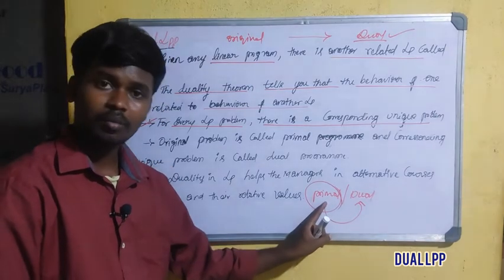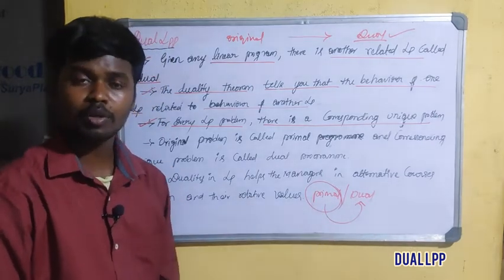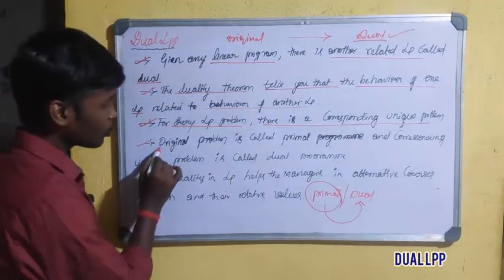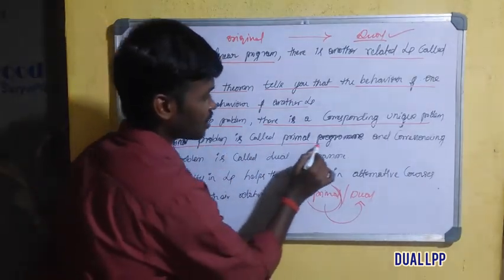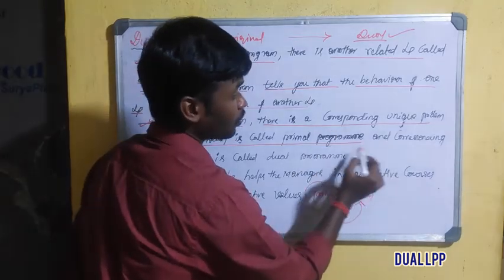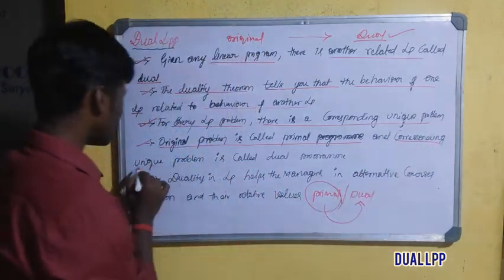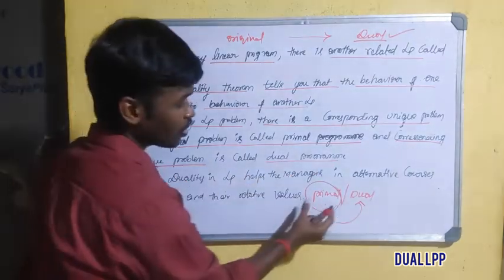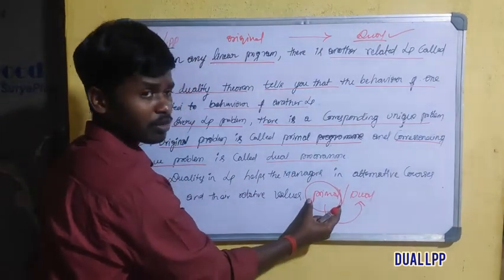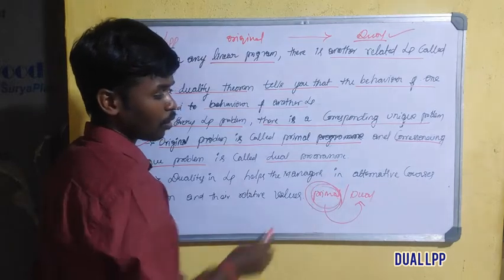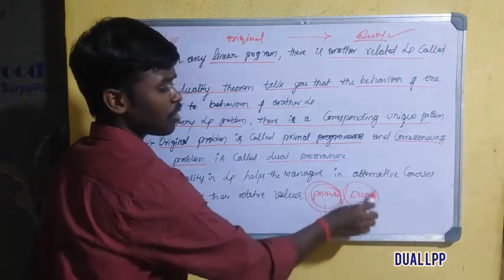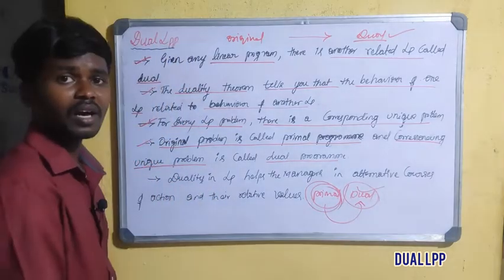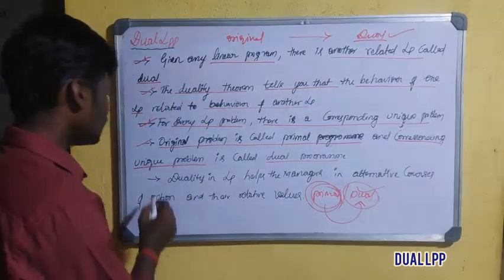The original problem will be called as primal programming problem and the corresponding unique problem will be called as duality problem or dual problem.